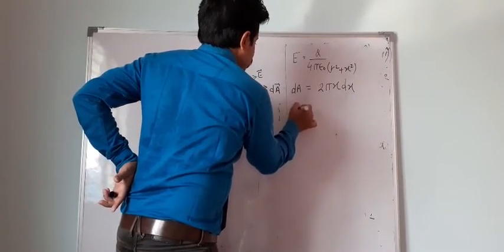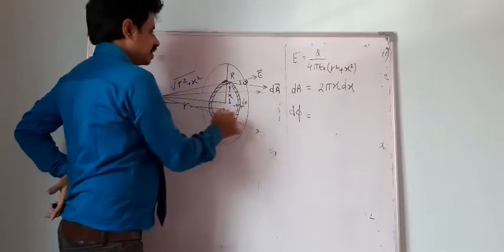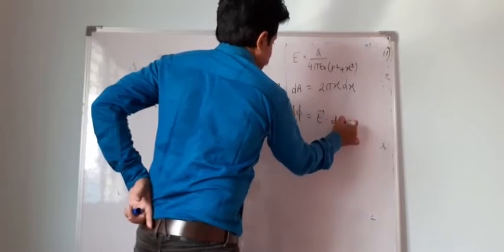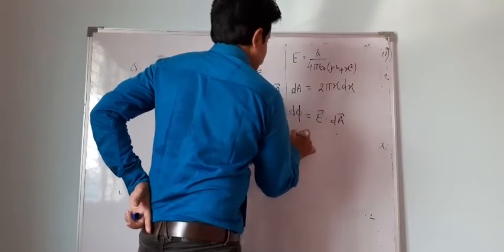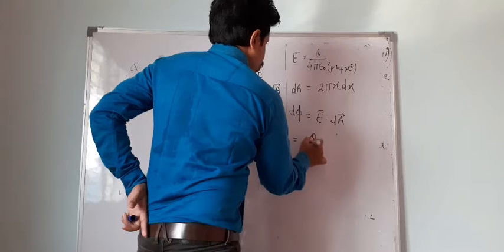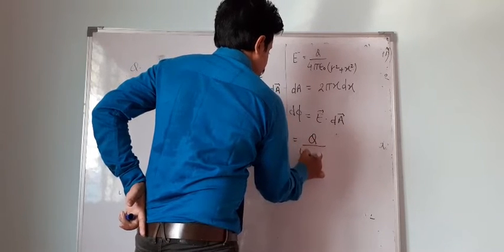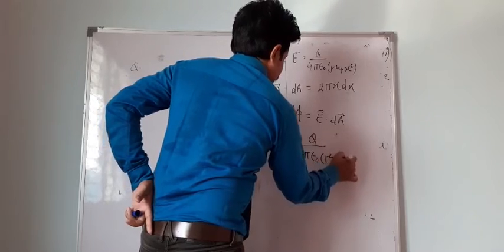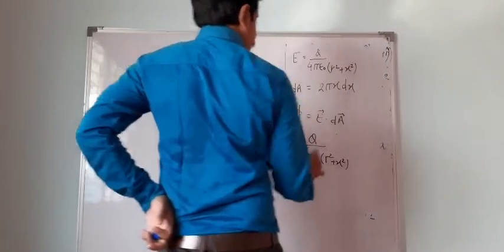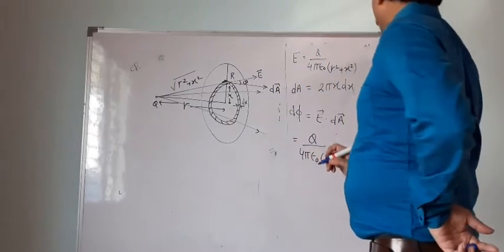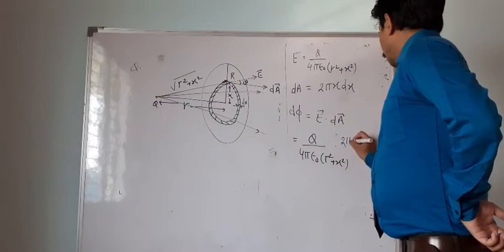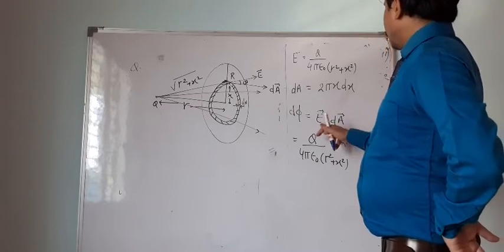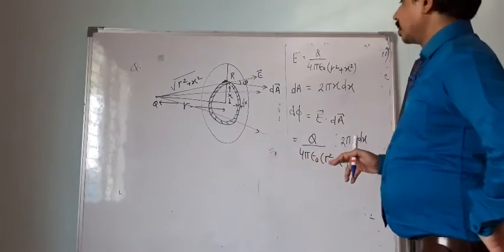The small amount of flux associated with this ring is E dot dA, that is Q by 4 pi epsilon naught (R square plus X square) into 2 pi X dx and cos theta. E dot dA means E into dA into cos theta.